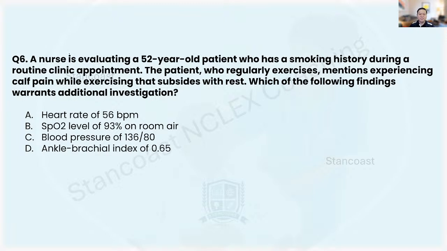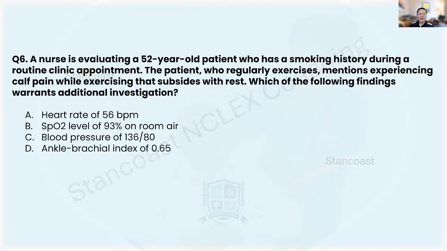The question states, a nurse is evaluating a 52-year-old patient who has a smoking history during a routine clinic appointment. The patient who regularly exercises mentions experiencing calf pain while exercising that subsides with rest.